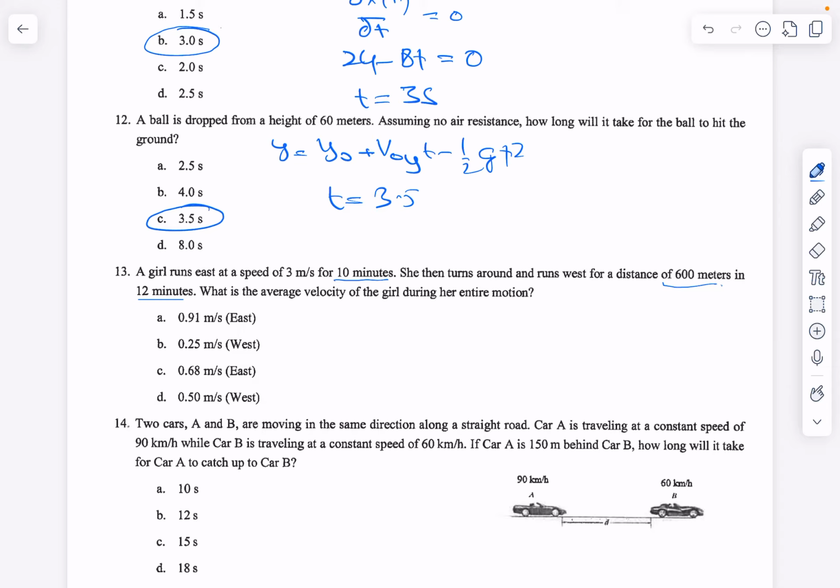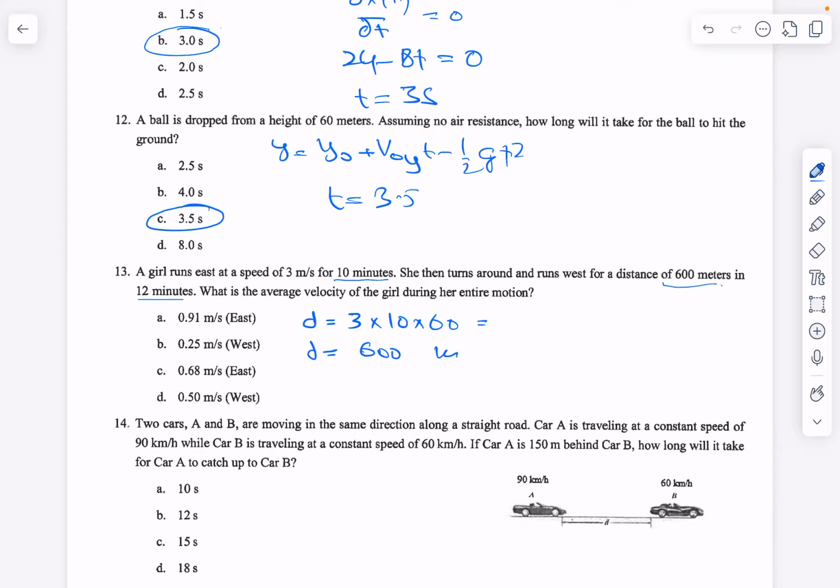So for example, as in the last tutorial we discussed, it's 3 meters per second for 10 minutes, so 10 multiplied by 60, and then 600 meters in 12 minutes. So this is the distance, and the distance is given as 600 meters as well.